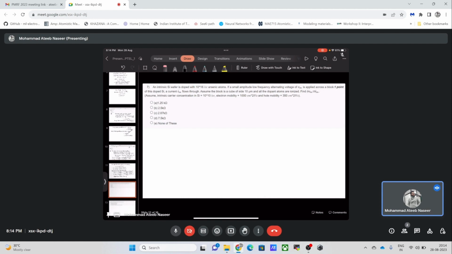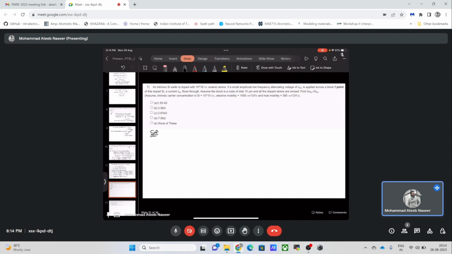Clearly this dV in by dI in is the dynamic resistance, and the intrinsic carrier concentration has been given to be equal to 10 to the power of 10, and electron mobility is simply 1000 centimeter square per volt second. Now let us see how we should solve this problem.